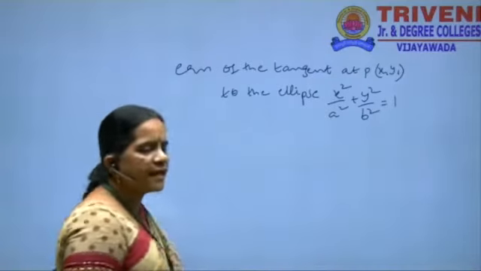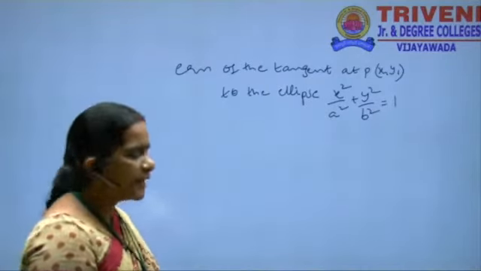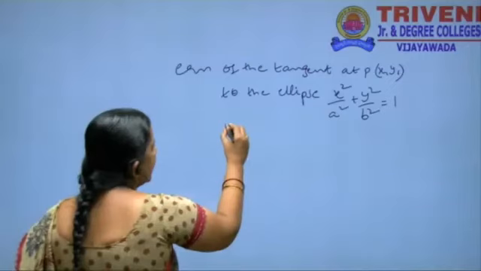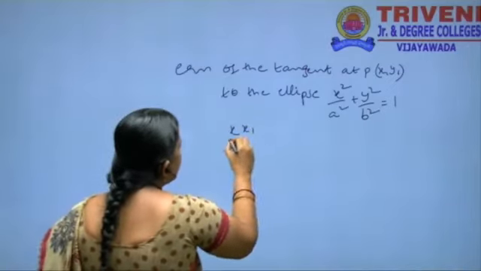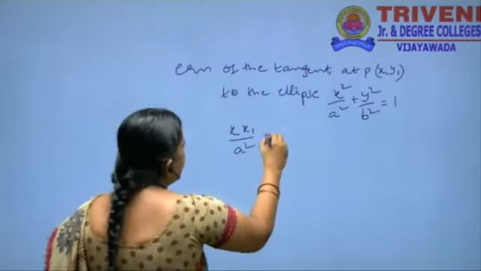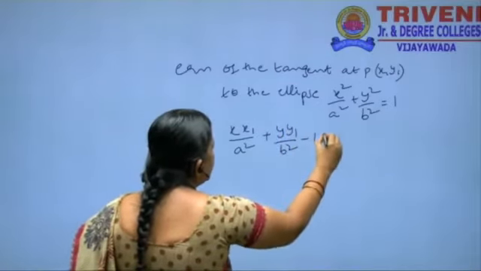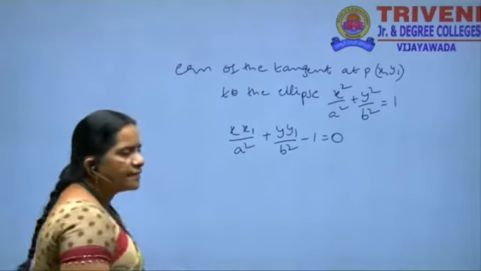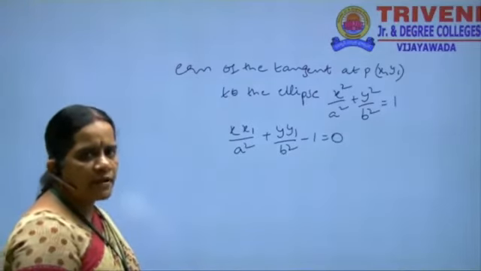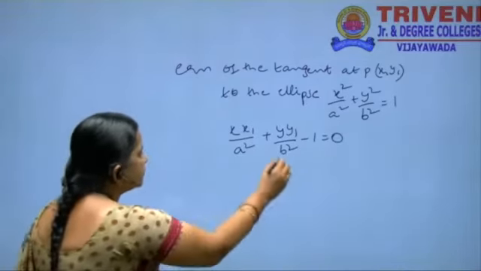What is the equation of the tangent here? x x1 by a square plus y y1 by b square minus 1 is equal to 0.